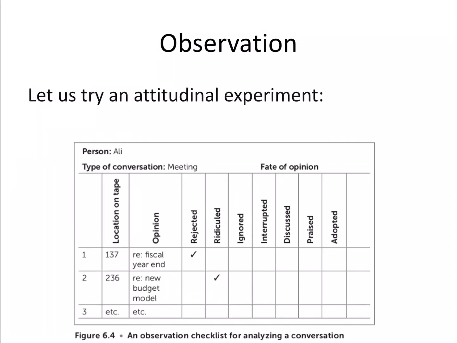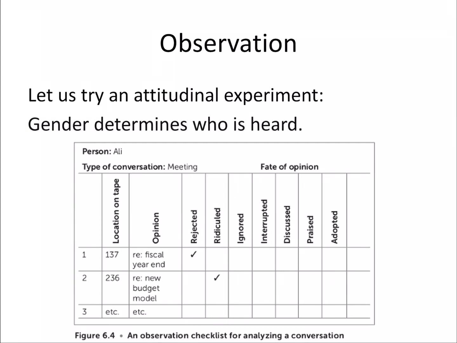Observation checklists can be a little different when we're looking at attitudes. If we're trying to see whether the gender of a person determines whether their opinion is accepted or not, the checklist would be a little bit different.